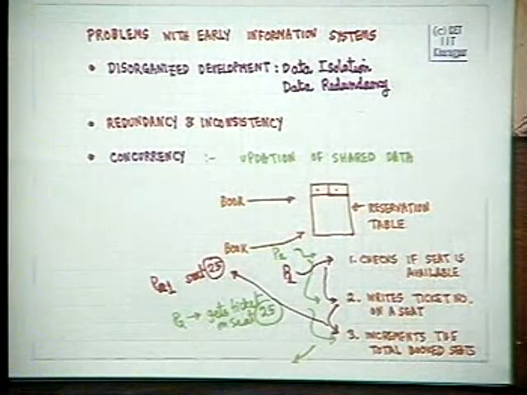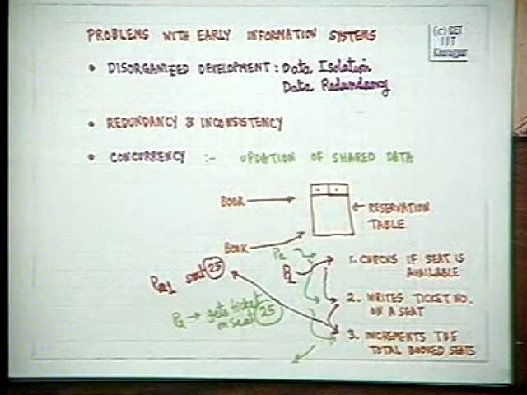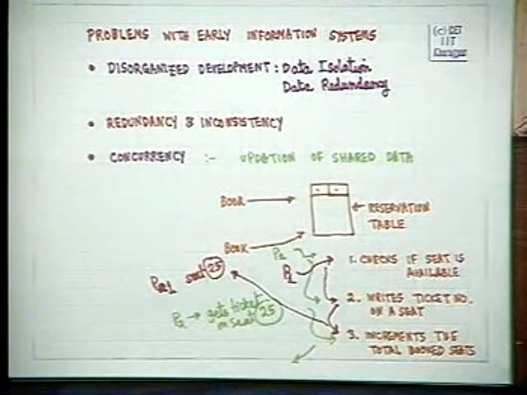And this is a standard problem of operating systems, but in database the problem is more because the time required to update is more. And we will see that early information systems did not have any inherent mechanism to tackle this particular problem.